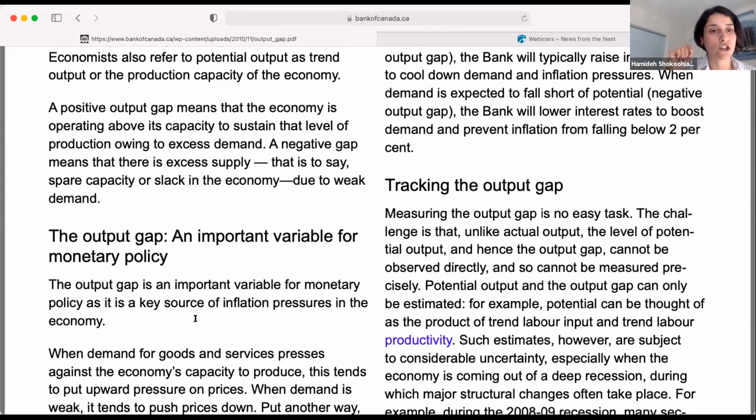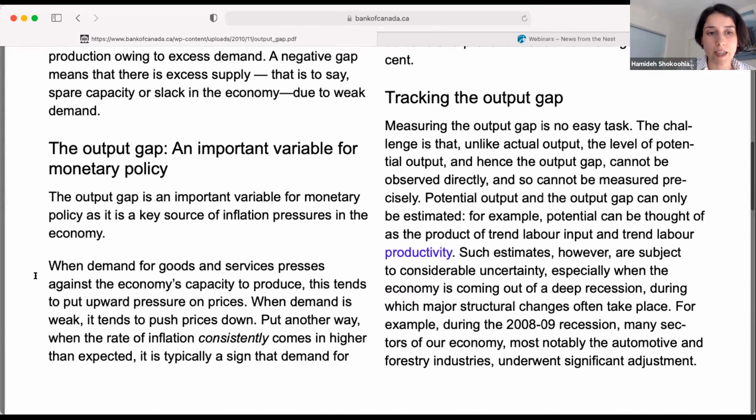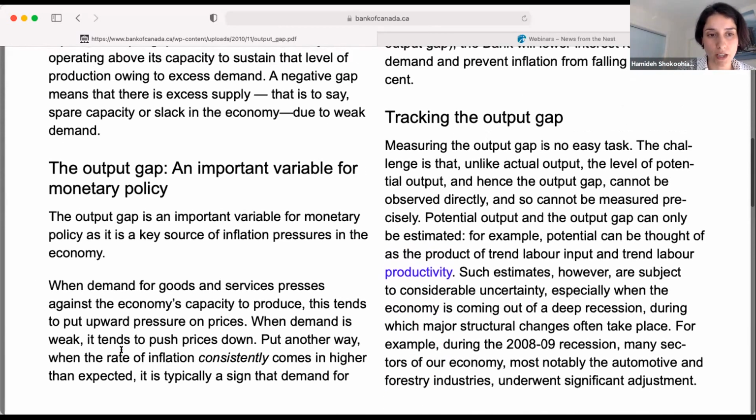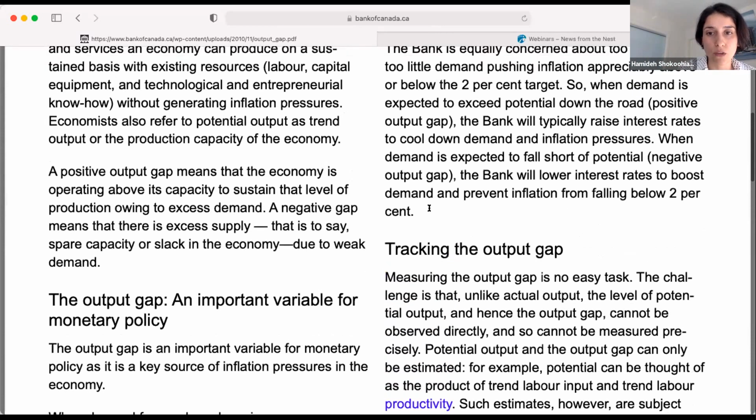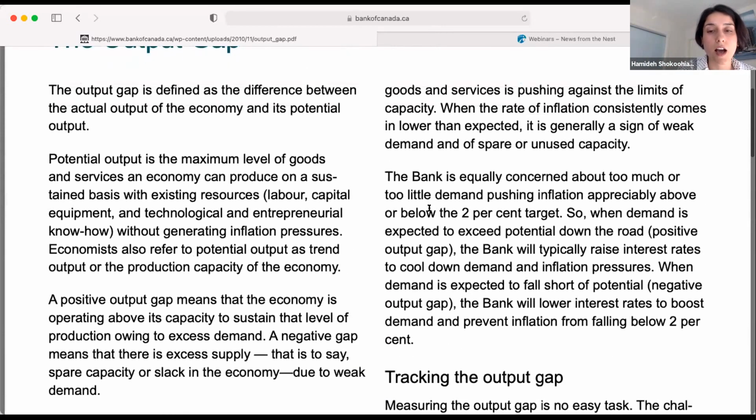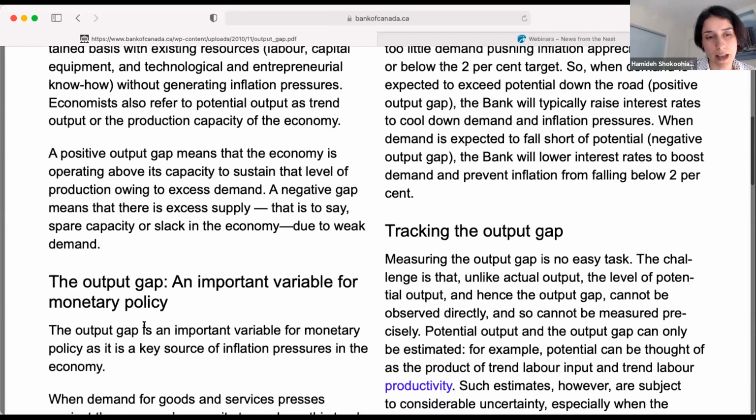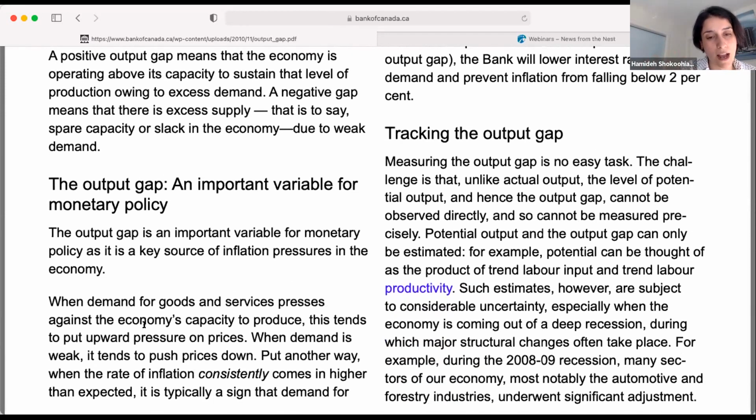They read by themselves; I just give them the direction of where to read. This is the part they are supposed to read, and then they continue reading the paragraph that explains the idea behind negative and positive output gaps, so they remember the details about output gaps.